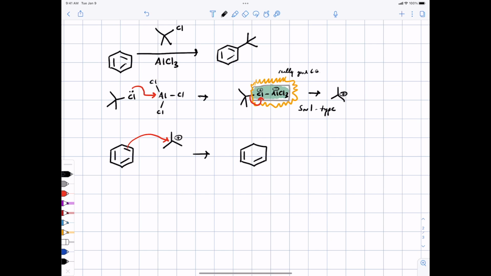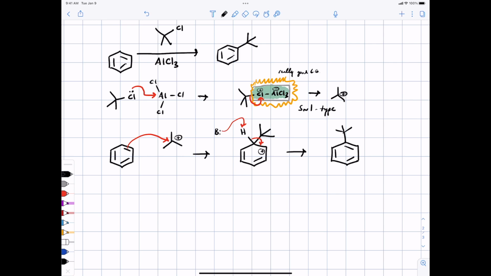Your intermediate, again, will have a positive charge on one carbon. The adjacent carbon has what used to be the electrophile. Then a base, we don't care what it is, it could be Cl minus, comes in and removes the proton, thereby restoring aromaticity and giving you your alkyl benzene product.